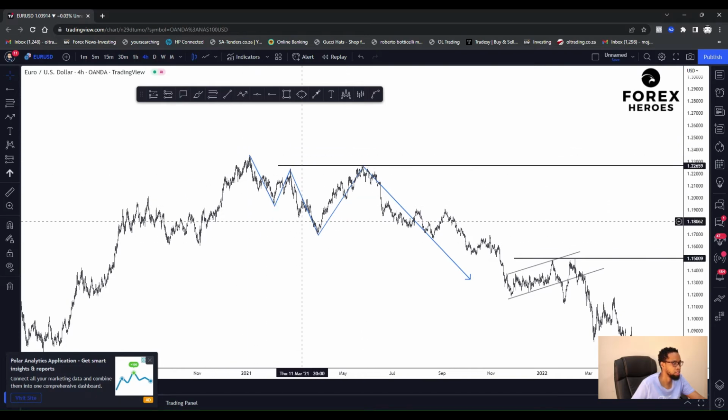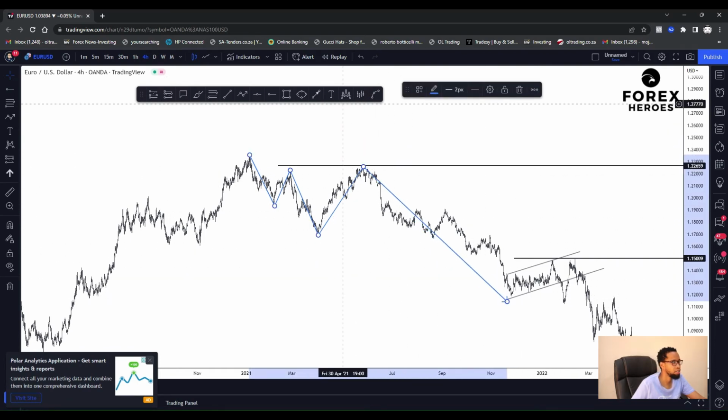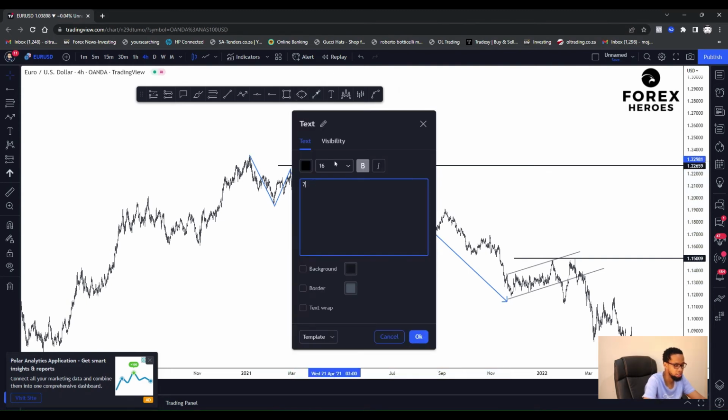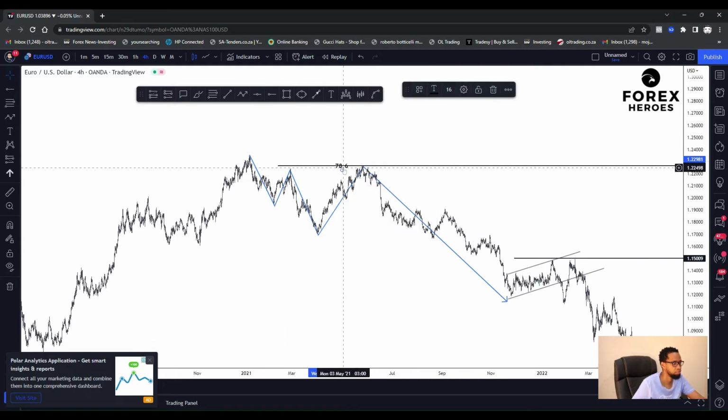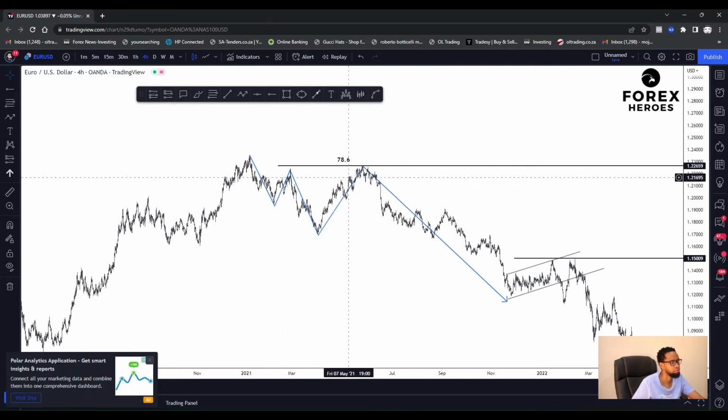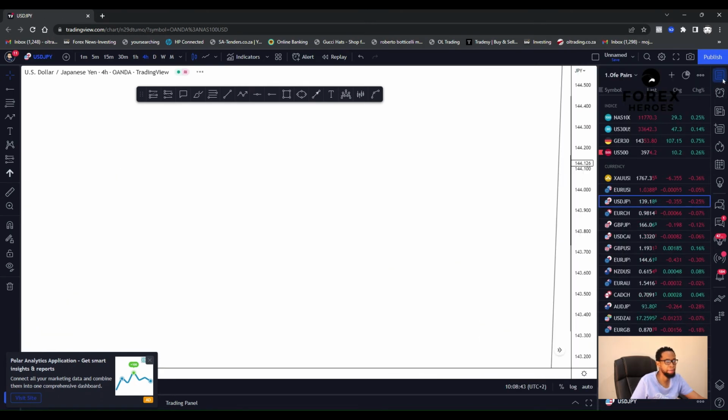Impulse, correction, impulse, a bigger correction, further impulse. You understand? All this is 71.8 and 78.6. Let's go to USDJPY.